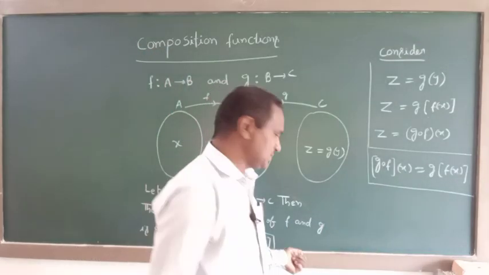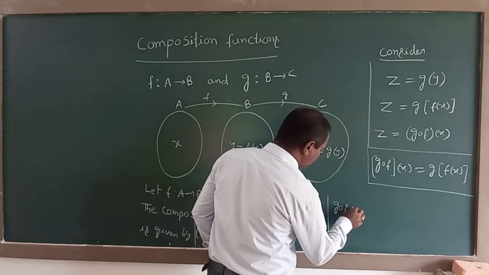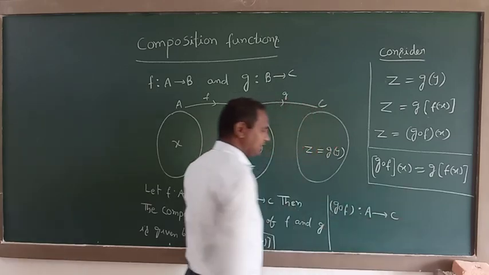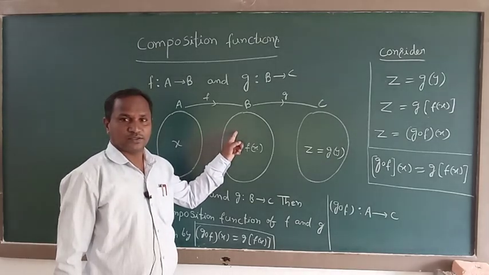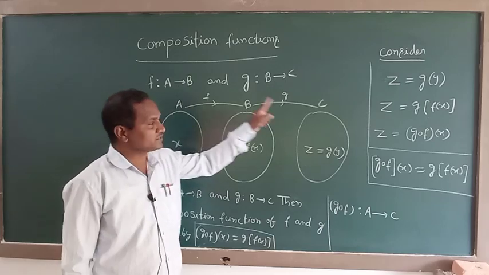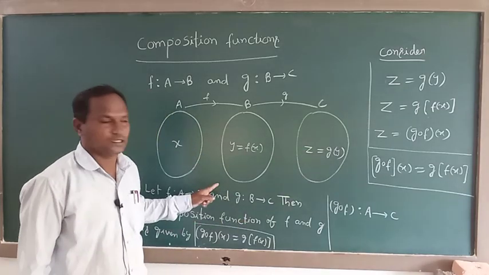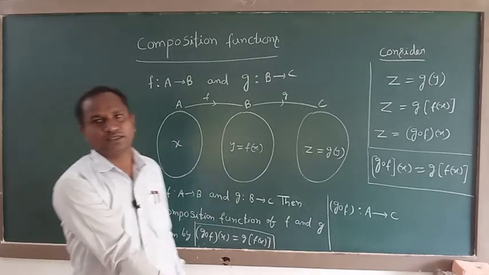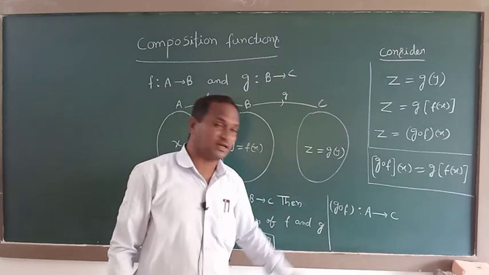The mapping for this function: g circle f maps from A to C. F maps from A to B, and G maps from B to C, but g circle f maps from A to C. Reversing, f circle g maps from C to A. Directing C to A becomes f circle g, but A to C means g circle f.